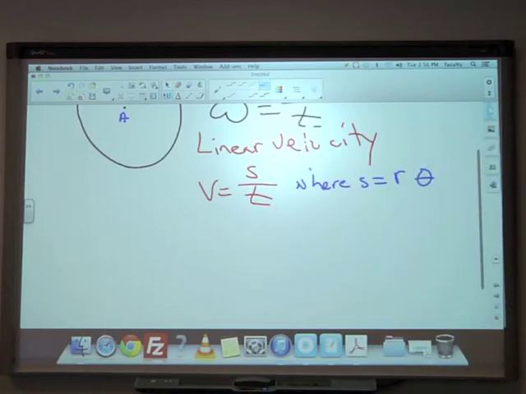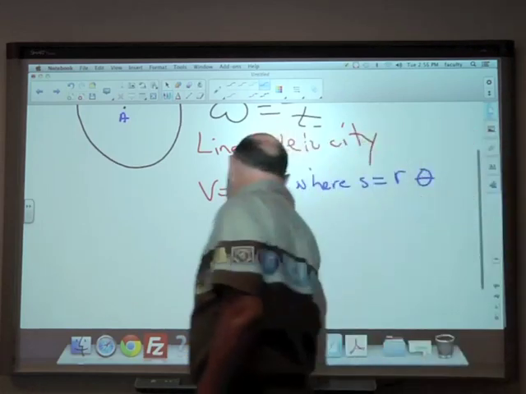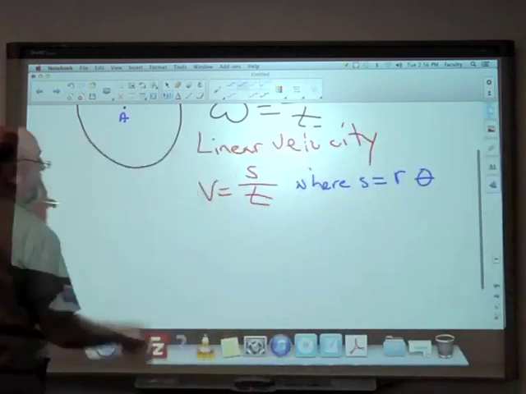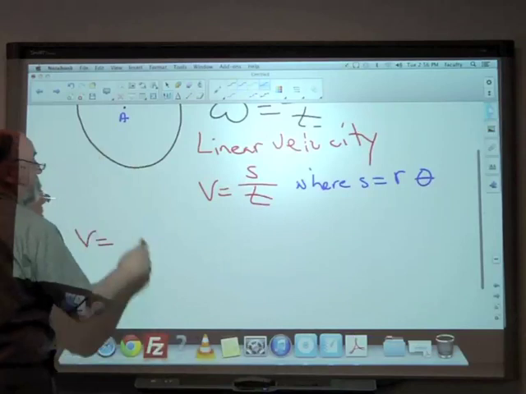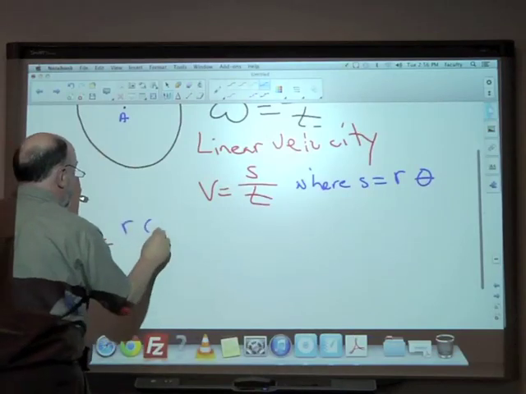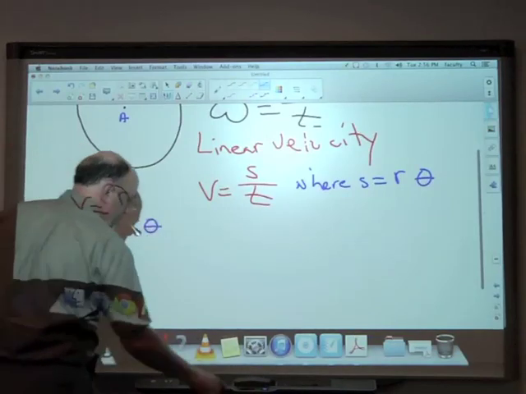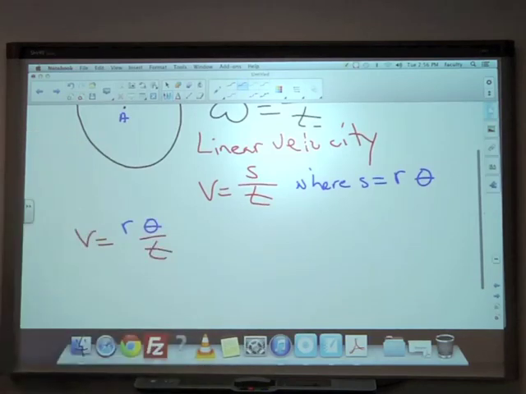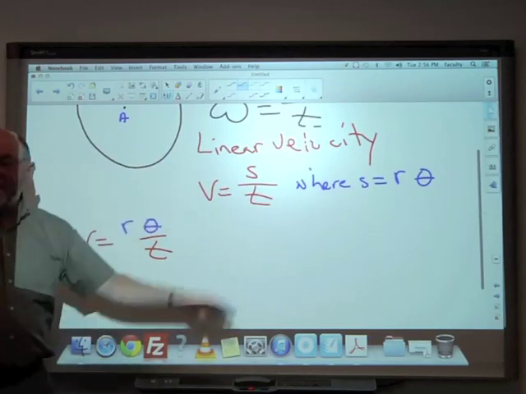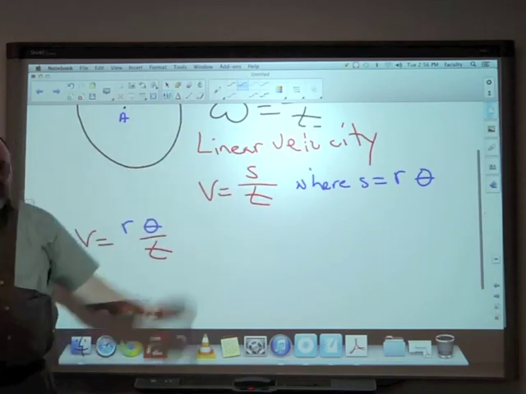Which means I could also say that v is equal to r theta over t. All I did was substitute: I took the s out and put the r theta in.